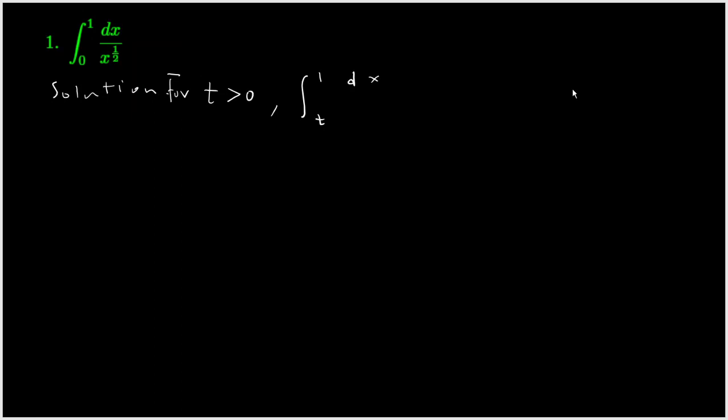It's kind of the first step. The answer to the first step is again a function of t. Okay. From t to 1, the integral now is x to the power of -1/2. I think we have seen that before, right? And then you have dx.